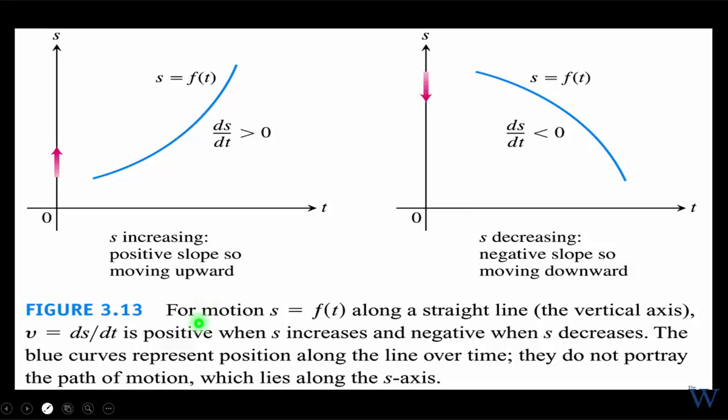So suppose we want to graph the position as t changes, okay? Remember, this does not portray the path of motion of the object. This is graphing the position over time. So if you have a starting position from here at time t, and it moves on up to that s of t, or the distance traveled over this time period, and if it's increasing, that means the derivative, of course, of the lines tangent to the curve would be positive.